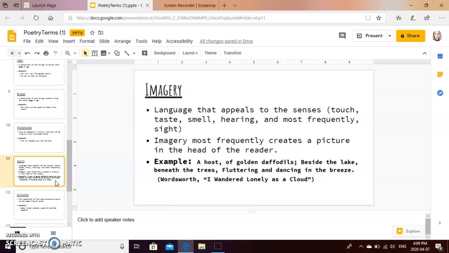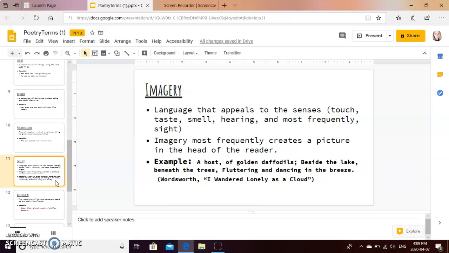So below I have an example from I Wandered Lonely as a Cloud by Wordsworth. So it says, a host of golden daffodils beside the lake, beneath the trees, fluttering and dancing in the breeze. So when you read those two or three sentences all together, you get an image in your mind of the daffodils and how they are acting out in nature.